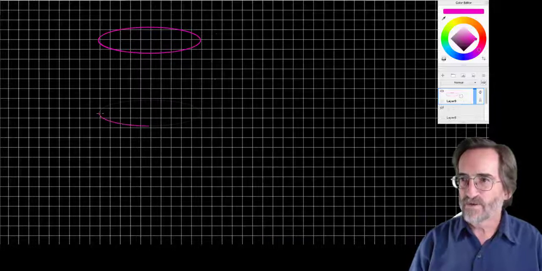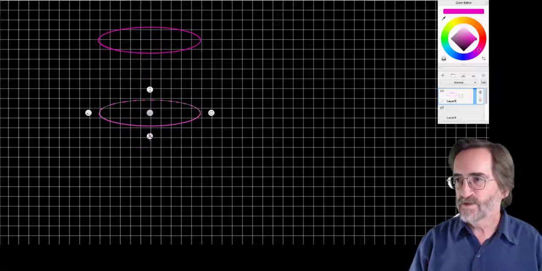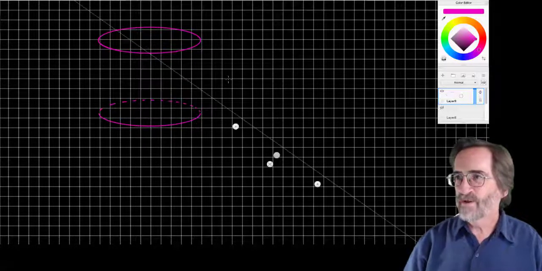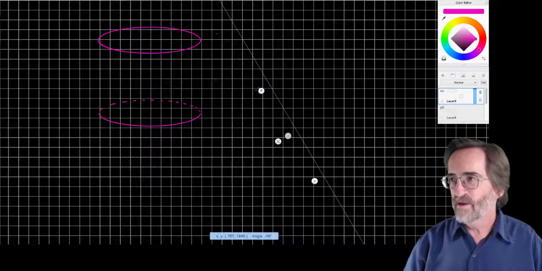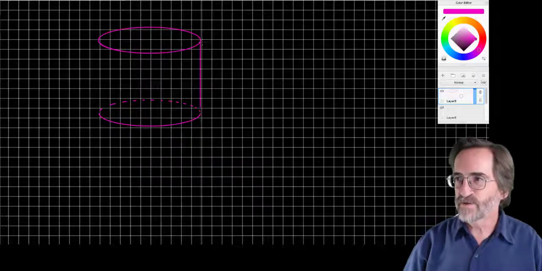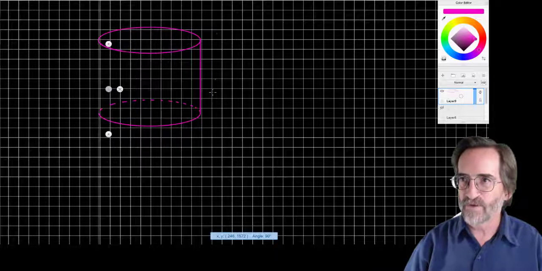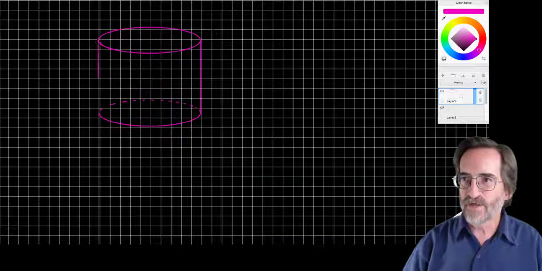Our cylinder looks like this, and use a dotted line for hidden edges. And it really follows that this has the same formula for the surface area as a prism does. It's just that it doesn't have straight sides.